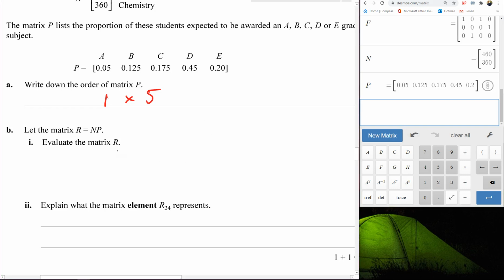Matrix R. Well, in the context of this, when you multiply N and P, remember N represents the number of people or the number of classes and how much in each class.